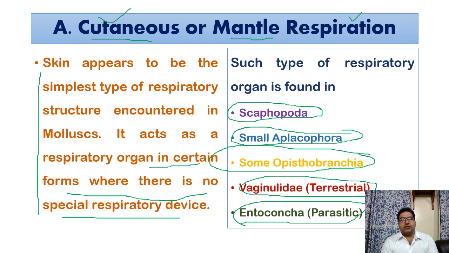Mantle respiration occurs through the whole body surface or the soft skin parts of the body. So it must be very restricted when the body is covered by the shell or the skin is thick and bulky. So the cutaneous respiration takes place through the skin of those mollusks having other respiratory mechanisms such as pulmonate gastropods.